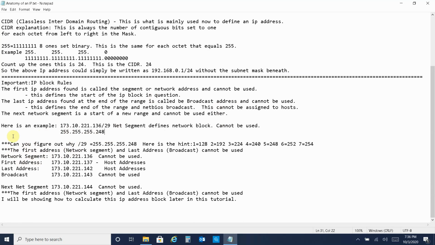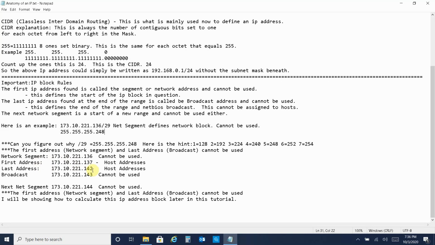So again, back to this. The first network segment, 136, cannot be used. We've already been given this here. The first address is just 1 plus that. That's 137. The last usable address is 142.